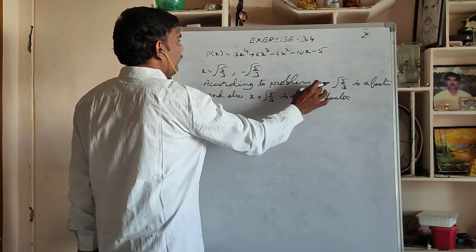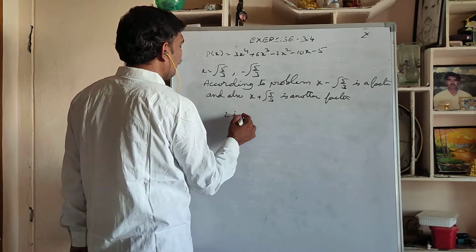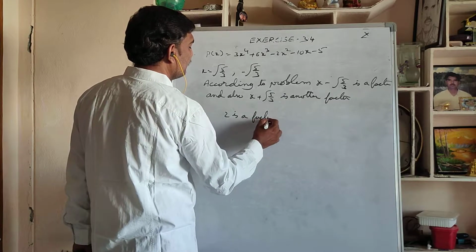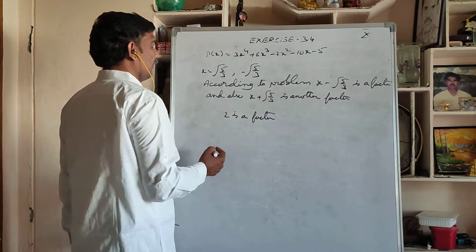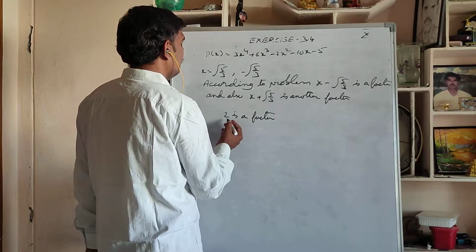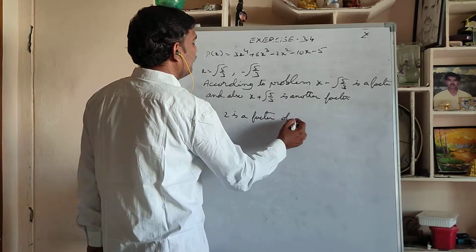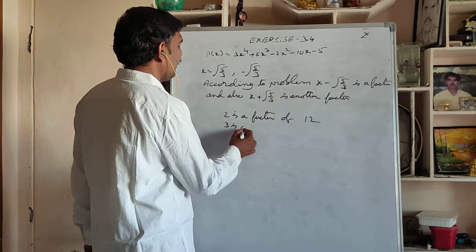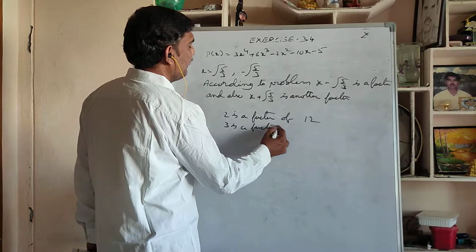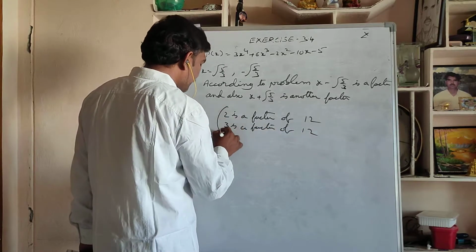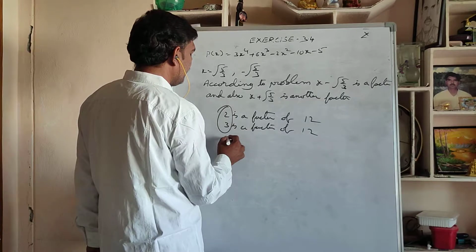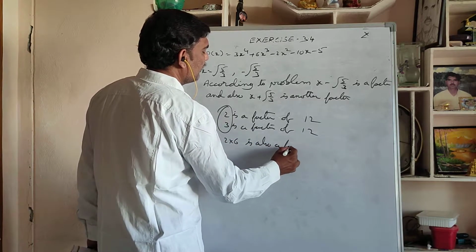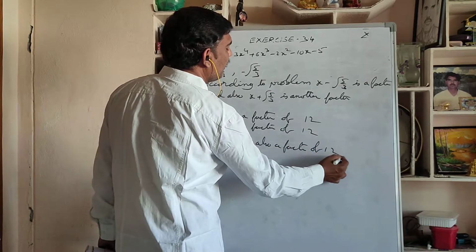Take an example: if 2 is a factor of 12 and 3 is a factor of 12, the multiplication of these two, 2 times 3, is also a factor of the same 12.